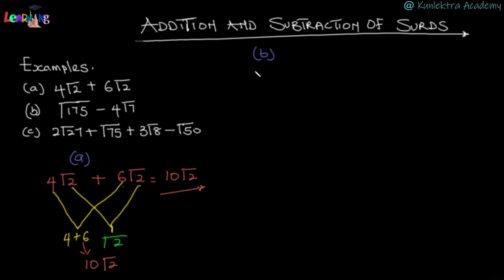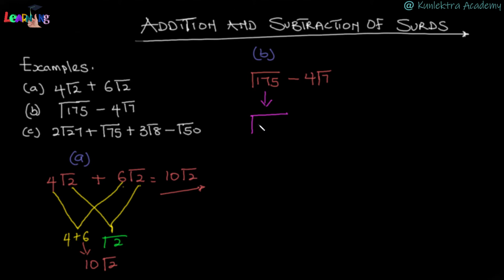For B, you have root 175 minus 4 root 7. Now, from my earlier video, you have to simplify root 175. I taught in my previous video how you can simplify larger surds, and now this is root 175. How do you go about it? You look for 2 factors, of which one of the factors will be a perfect square. What are those 2 factors you think you can bring up, and one of them is a perfect square?